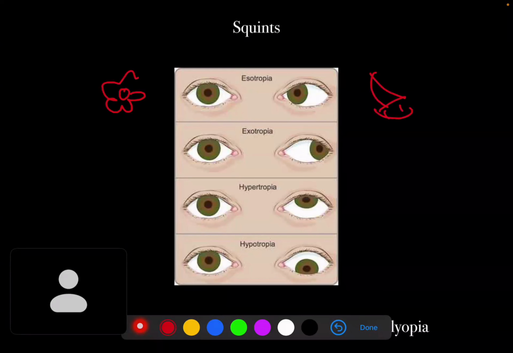Now they cannot be fused, and therefore there will be confusion in the neurological circuits. The same thing happens here, with hypertropia turned up, hypotropia turned down. With squints, because the brain is in confusion, the brain will have to do something about that to avoid confusion, and it will delete or ignore the unwanted image. That's how blindness develops in squints.